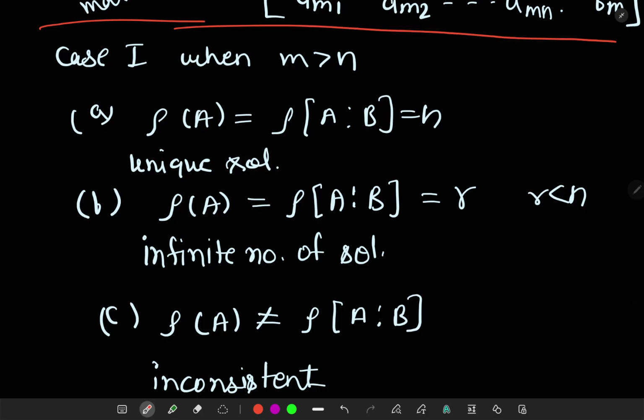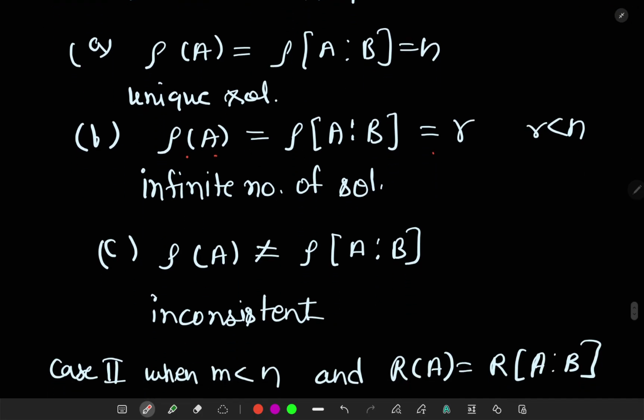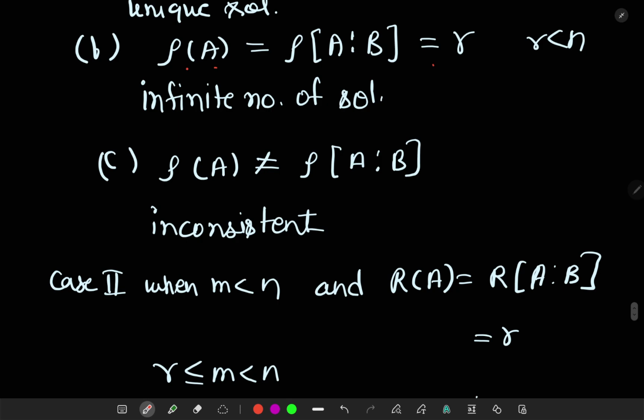If rank of A equals rank of augmented matrix AB equal to R, meaning R is less than the order of matrix n, then it has an infinite number of solutions. If rank of A does not equal rank of the augmented matrix, then the system is called inconsistent.